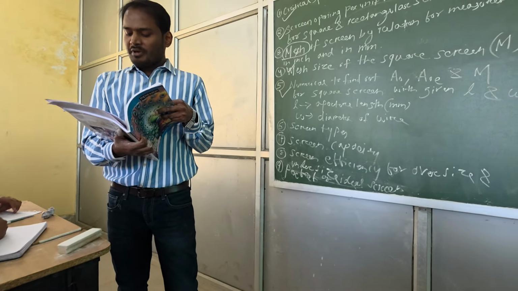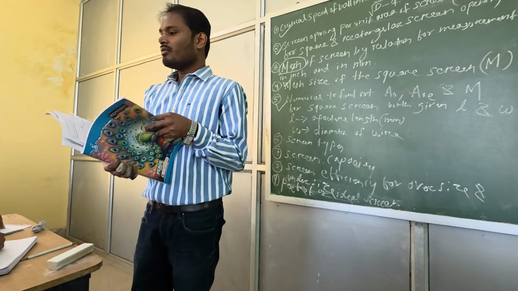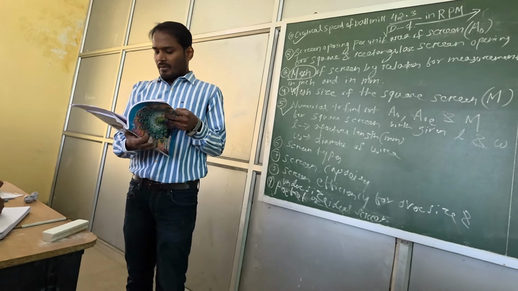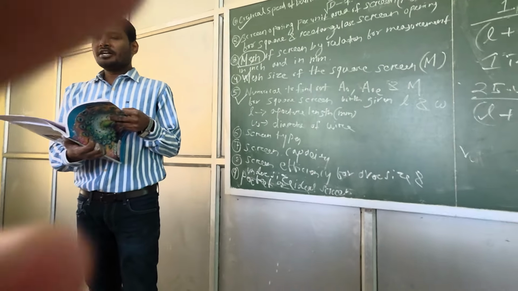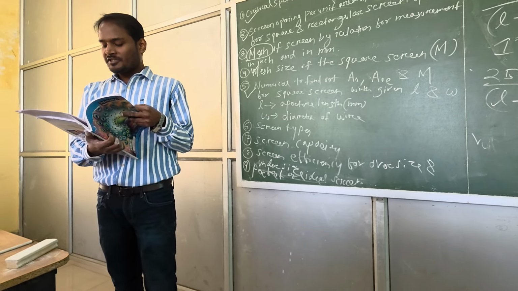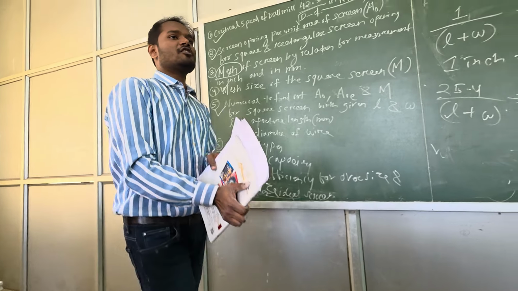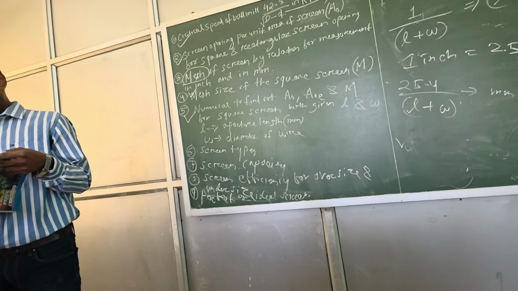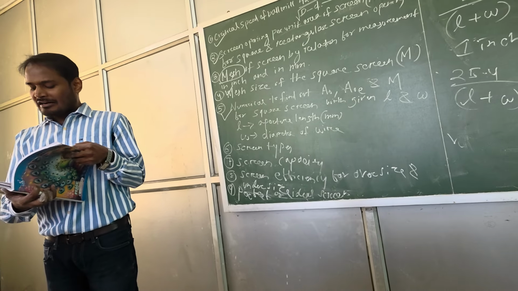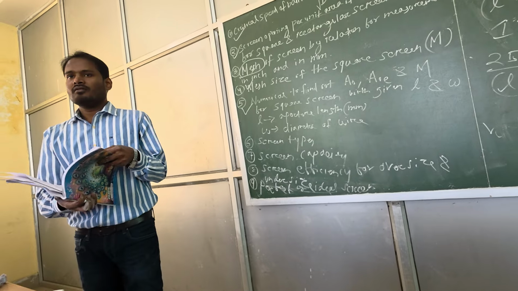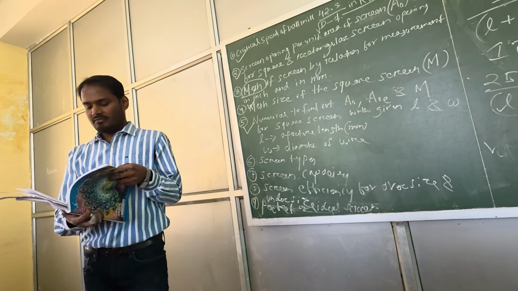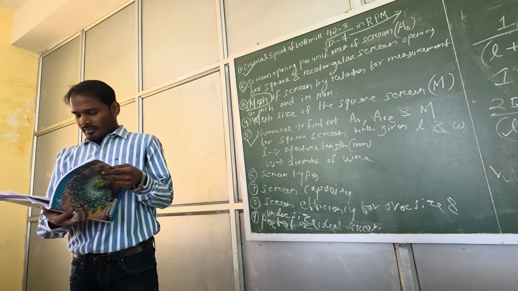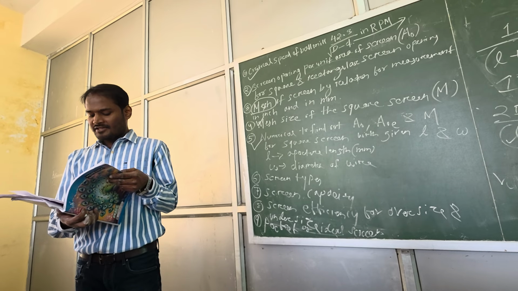So what will be the percentage area opening? Conditions applied. First, if the screen is in horizontal position, and second, if the screen is inclined at 20 degree, and last, find the mesh size of the screen.